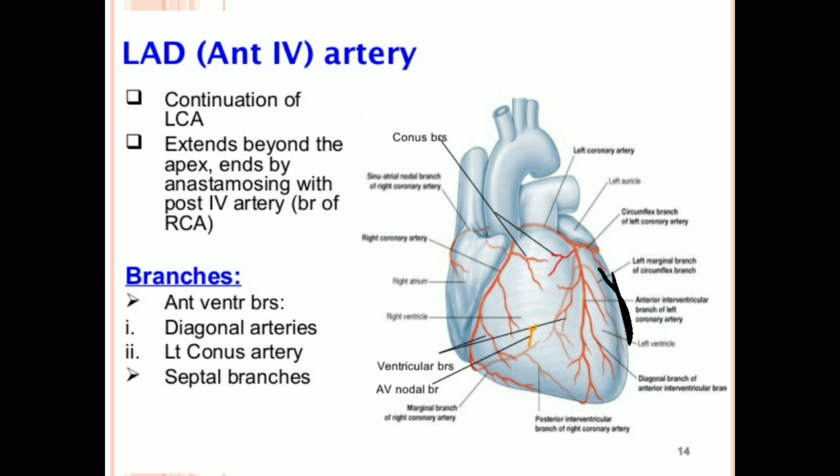Then other branches are the anterior and posterior ventricular branches. Next, the atrial branches are classified into anterior, posterolateral and Kugel's anastomosis. So these are the branches of the circumflex artery.